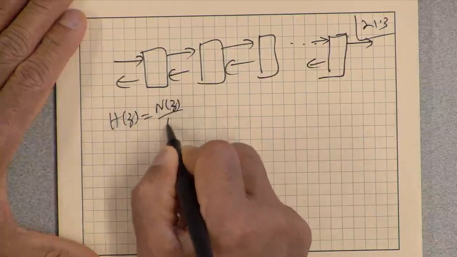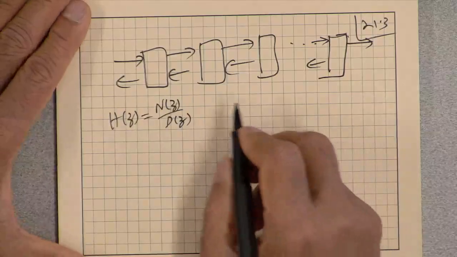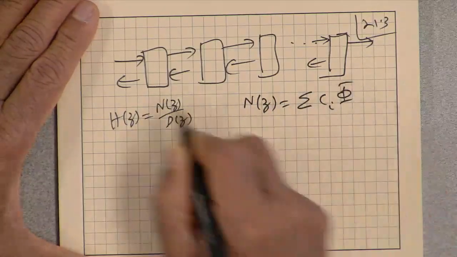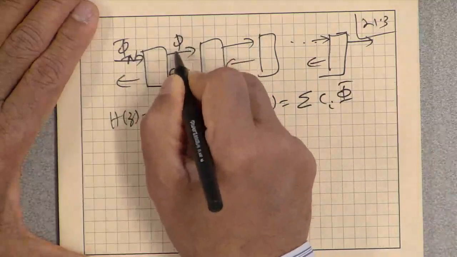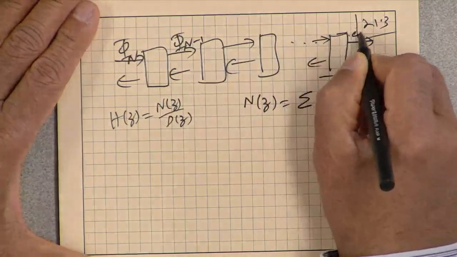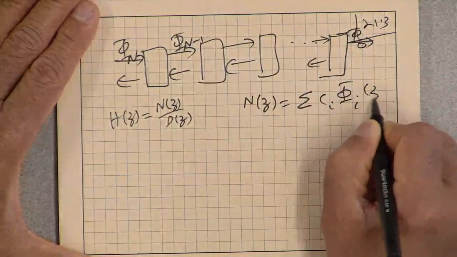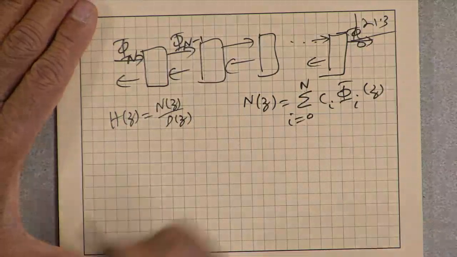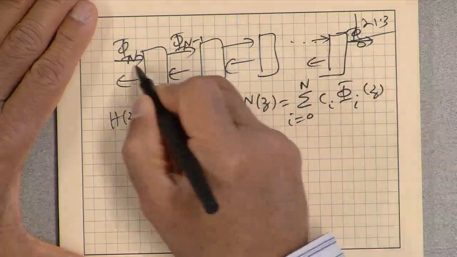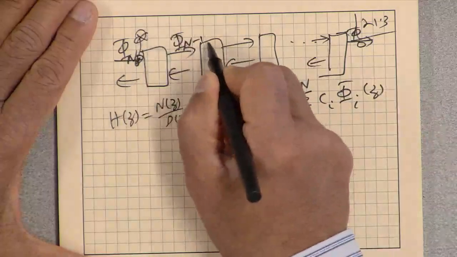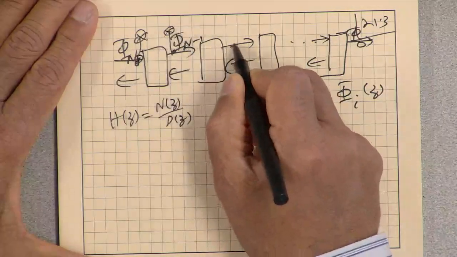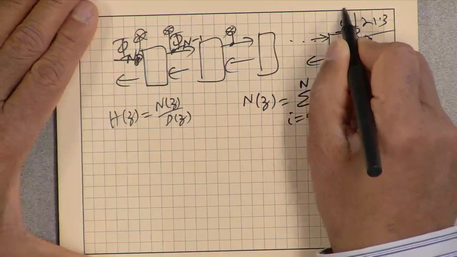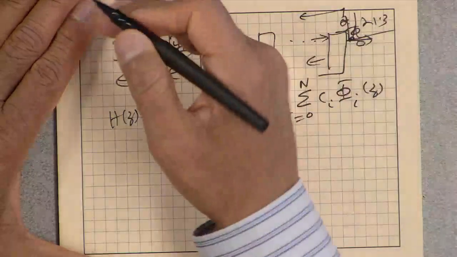implement numerator by denominator, I can describe the numerator polynomial as a sum of constants Ci times phi n minus 1 up to phi 0, phi i of z, i equal to 0 to n. So that means I can multiply some constants to these polynomials here, and then I can add them either from right to left or left to right.